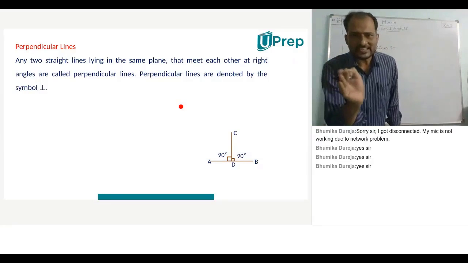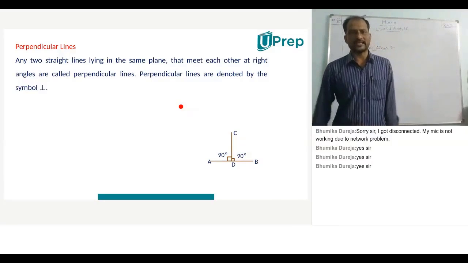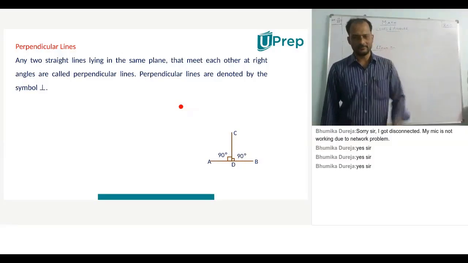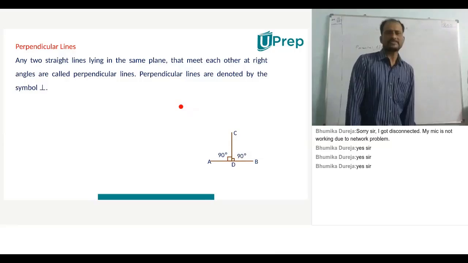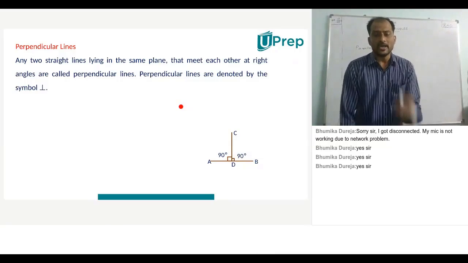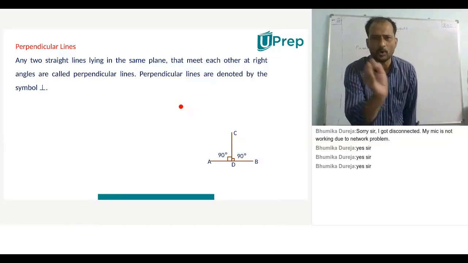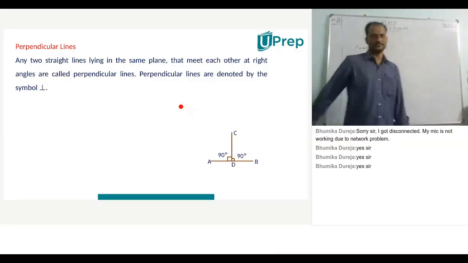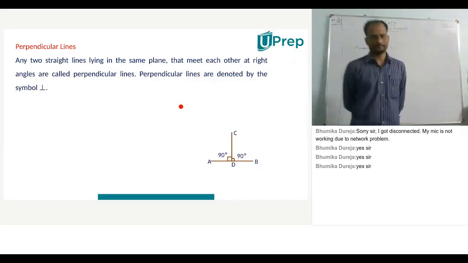The lines are said to be parallel if they don't have any point in common.